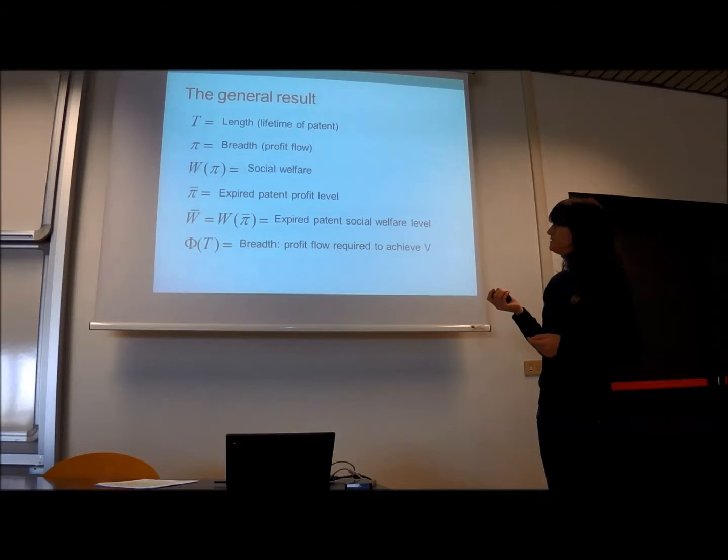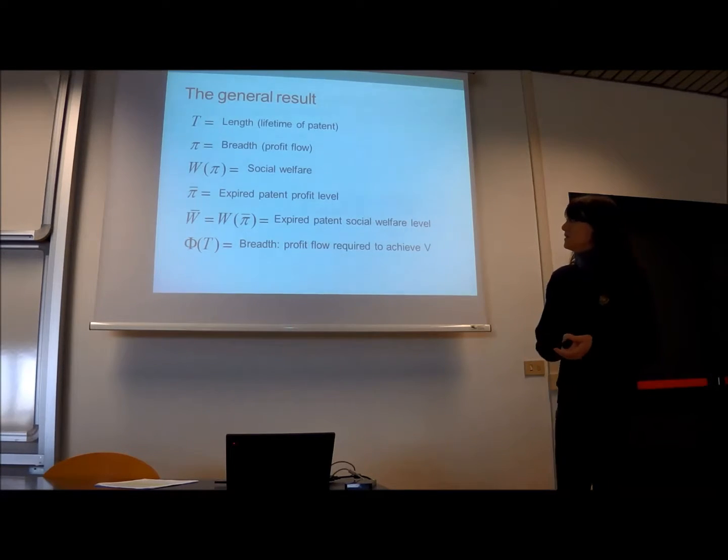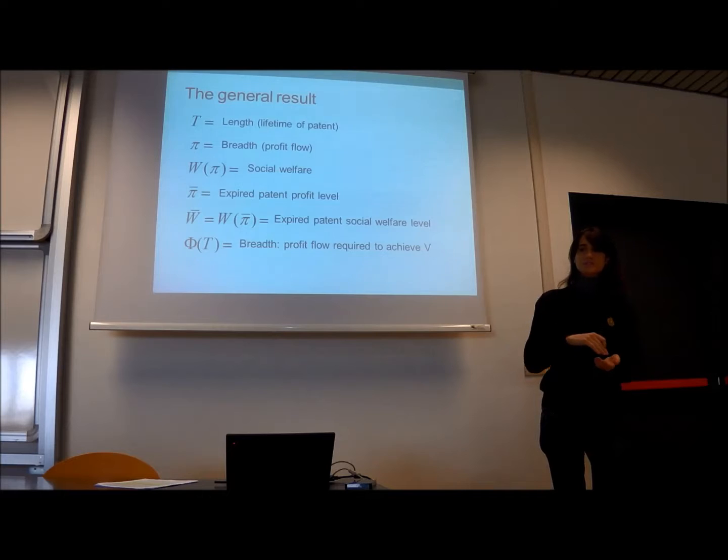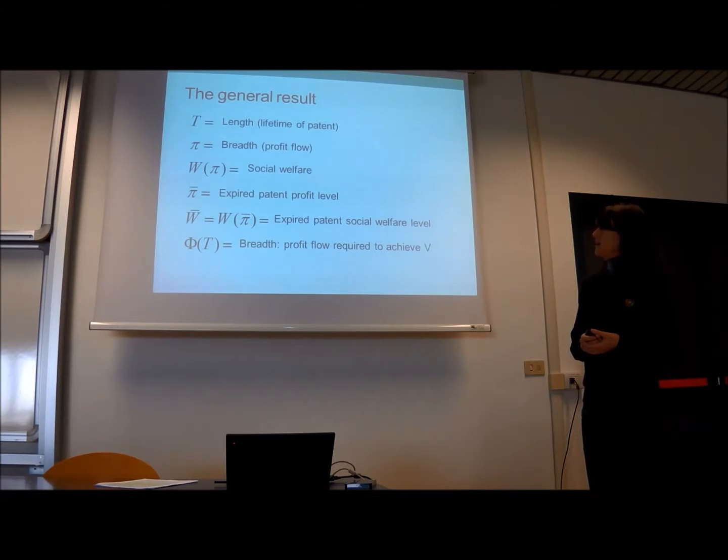P bar is the expired patent profit level. So when the patent expires, the profit flow of the patentee decreases to this level, and consequently welfare also reaches this level, which is higher than before.